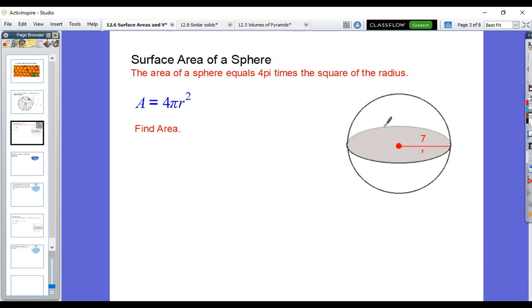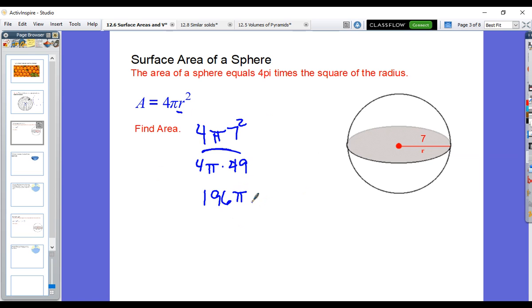The only unknown we have here is our radius. In this particular problem the radius is 7, so we say 4 pi 7 squared. Don't forget to square your radius first. 7 times 7 gives us 49. So 4 pi times 49. We multiply 49 and 4, which gives us 196 pi.